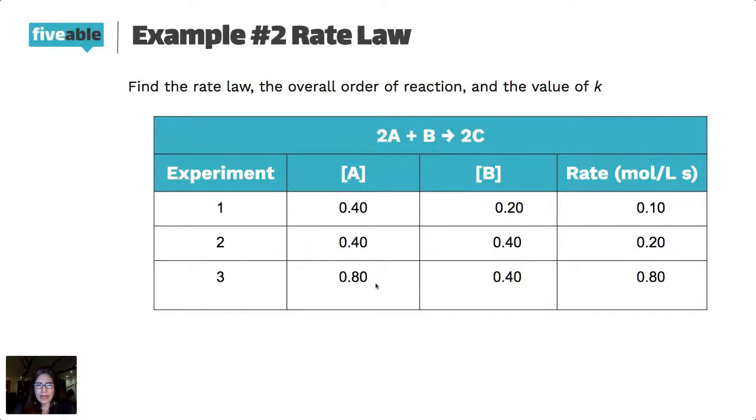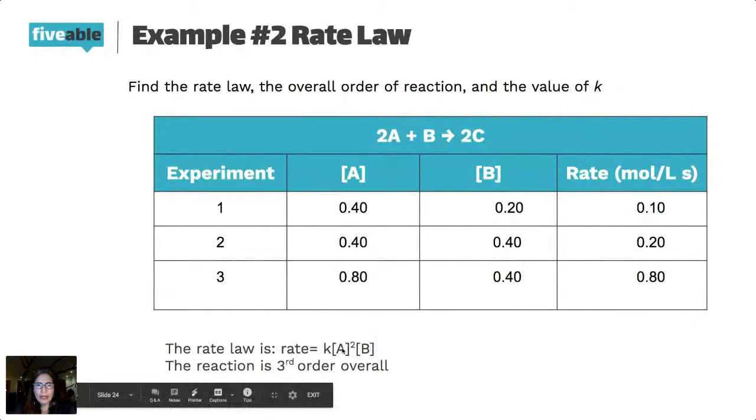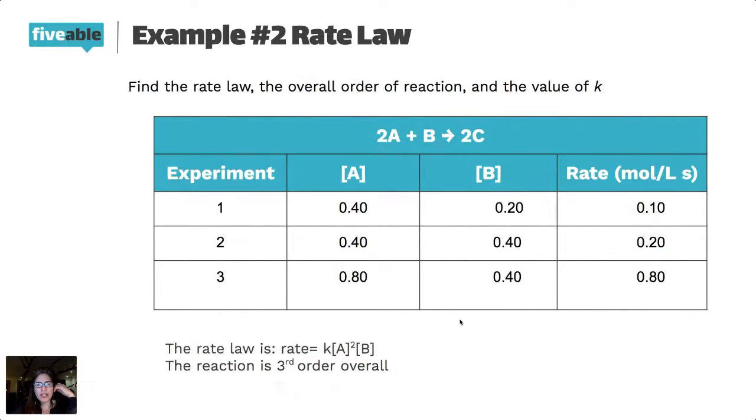Exactly, very good. So the rate law would be concentration of A to the power of 2, second order with respect to A, and first order with respect to B. And remember that the addition gives you the overall order, so this reaction would be third order.